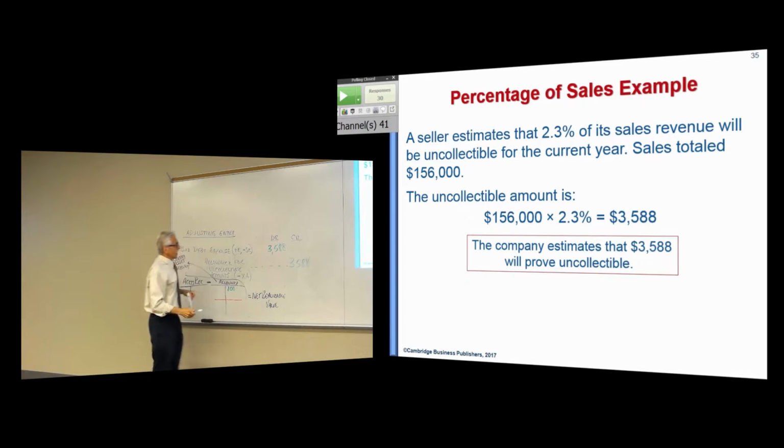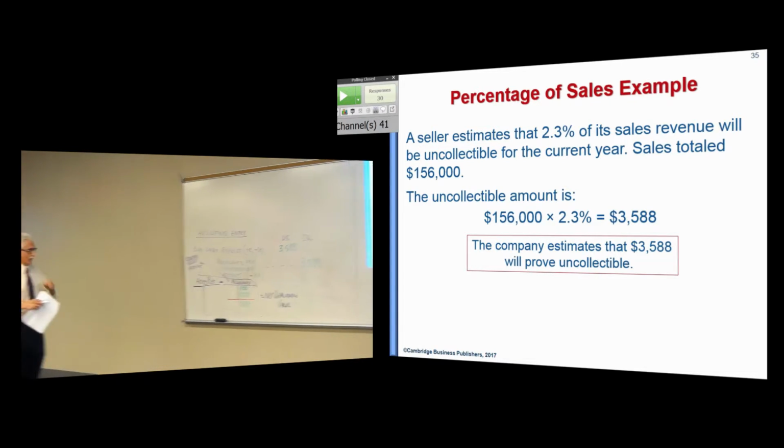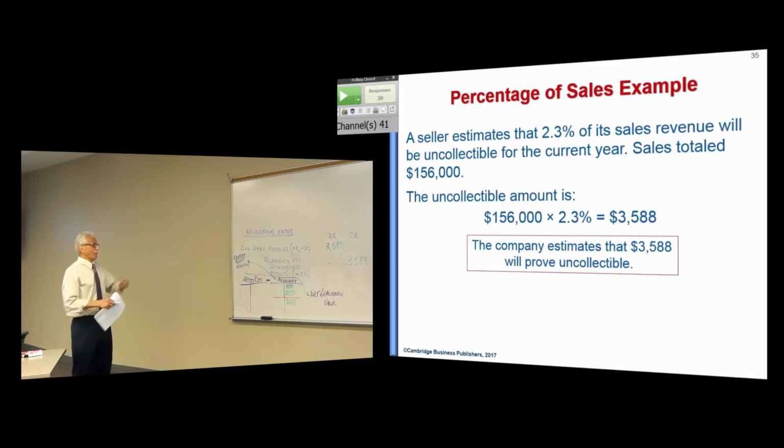I debit the bad debt expense, I credit the accounts receivable. And now the allowance account has a balance of $3,688,000. If the balance before was zero, if the balance before was $1 million, doesn't matter. You debit the bad debt expense, you credit the allowance for the percentage of sales.